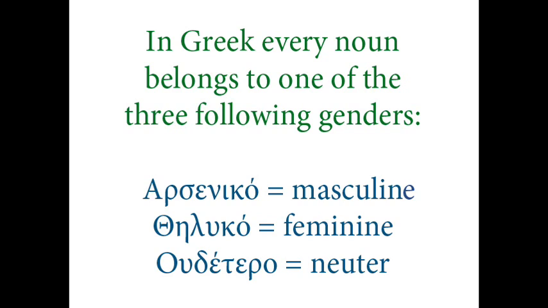The neuter may sound a little strange to you because it is not very common in other languages, but in Greek it is very common and we don't use it only for objects, things, animals, etc., but we also use it for people. So, for example, το παιδί, which means the child, is neuter. So, keep that in mind.